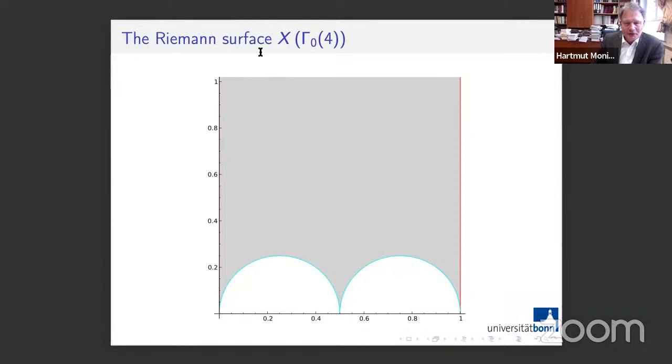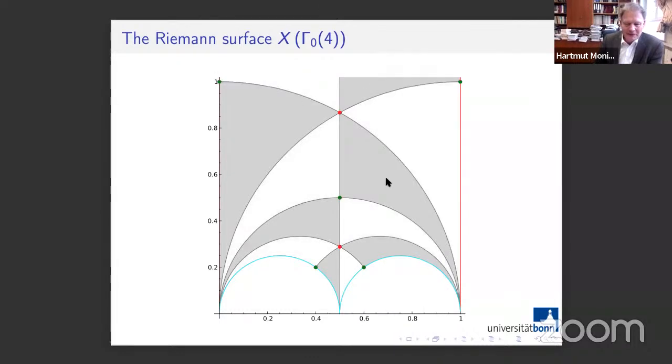Here's the Riemann surface, X Gamma_0(4), with the left side and the right side glued together, and the magenta line and the blue lines glued together. So this is a genus 0 Riemann surface. When you look at the tessellation with the cosets, you actually see that it has index 6, as we explained last time. It's not so hard to calculate now.